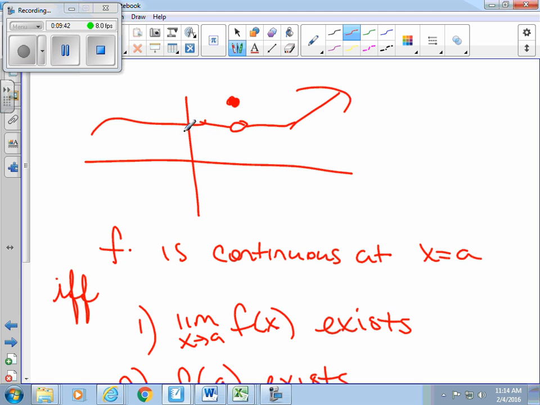Four points on the graph. Right here. I want to talk about continuity. Right here. What'd you say, Paxton? Yeah, those two things have to be the same to be continuous, right? They've got to be the same. Thank you.